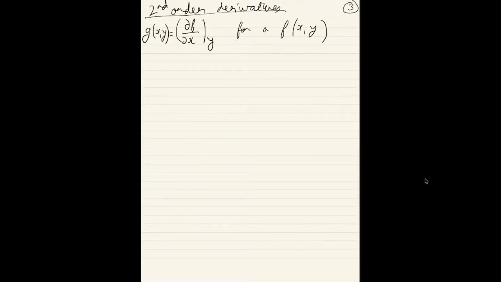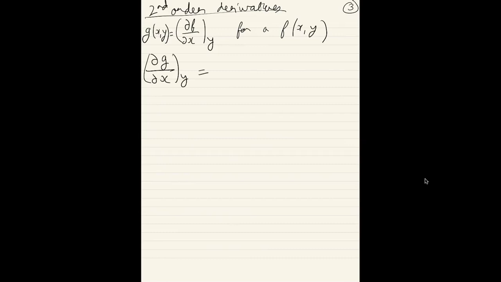So just because we have differentiated with respect to x does not mean we have completely gotten rid of the variable x. It is still going to be there. So now we could do the same manipulations on g. We could calculate partial g with respect to x at constant y, right? But we know what is g. This g is not just any ordinary function. This g was obtained by doing a partial derivative on f to begin with.